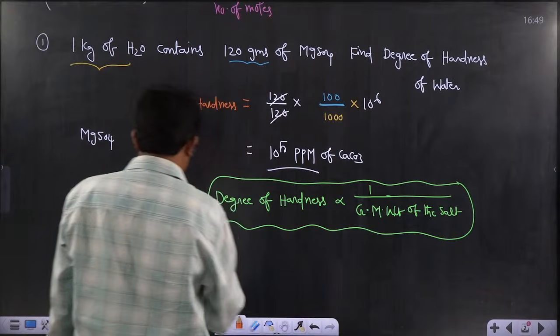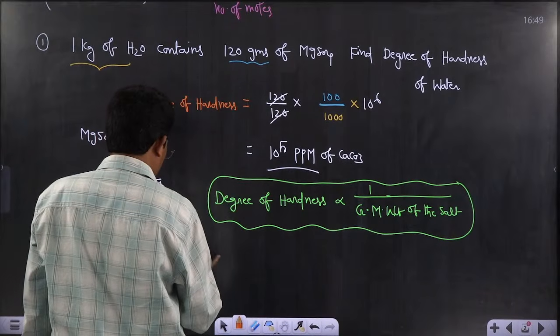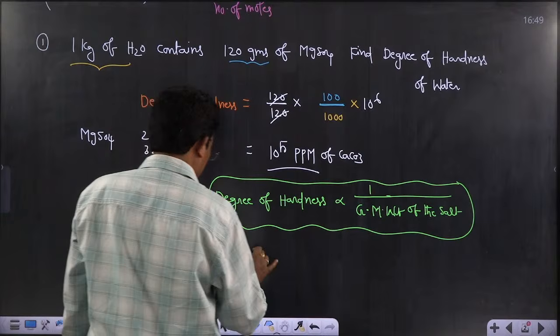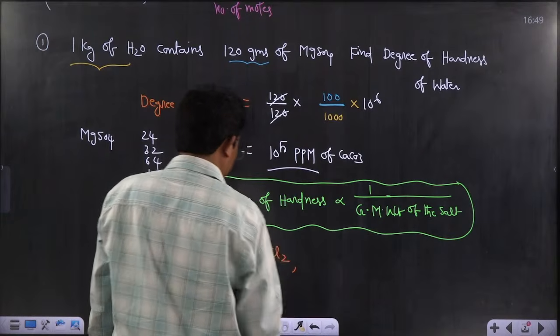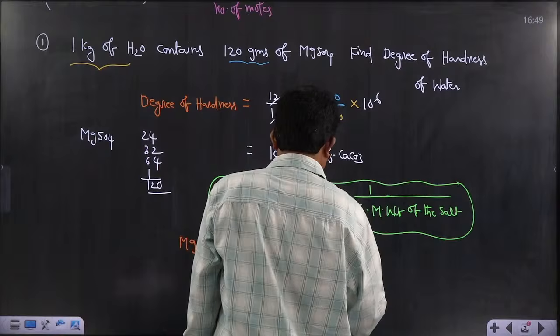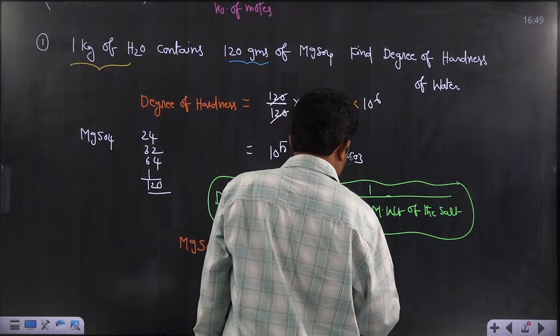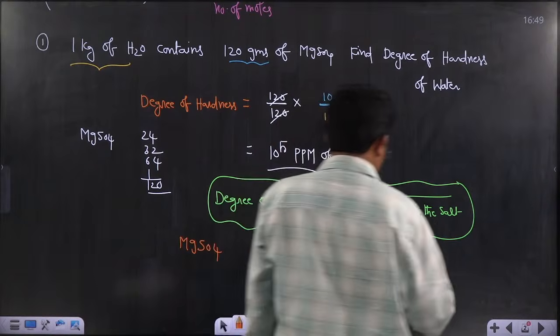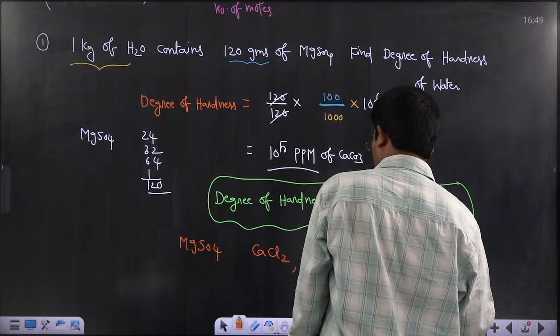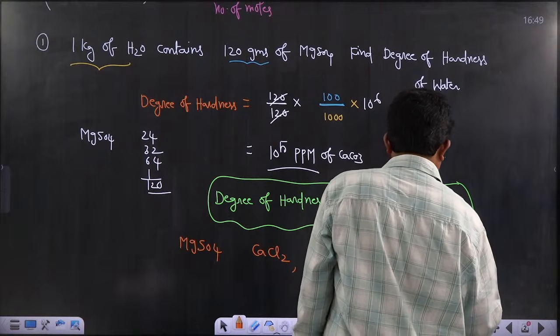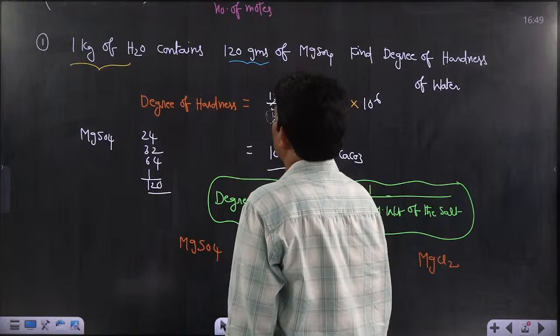If different salts are given, like MgSO4, calcium chloride, calcium bicarbonate, and magnesium chloride, these are the four different salts.